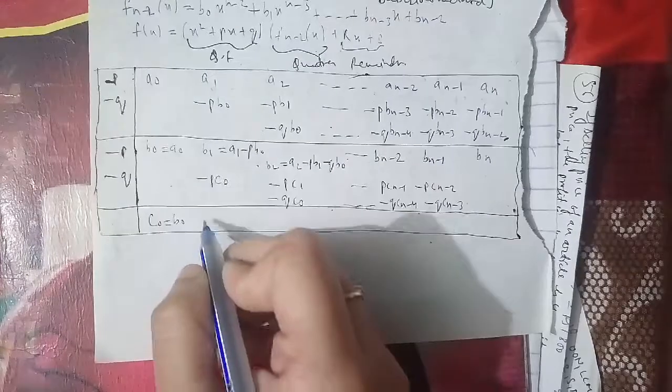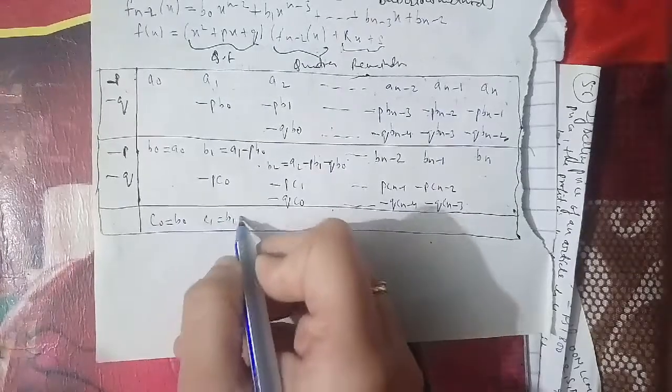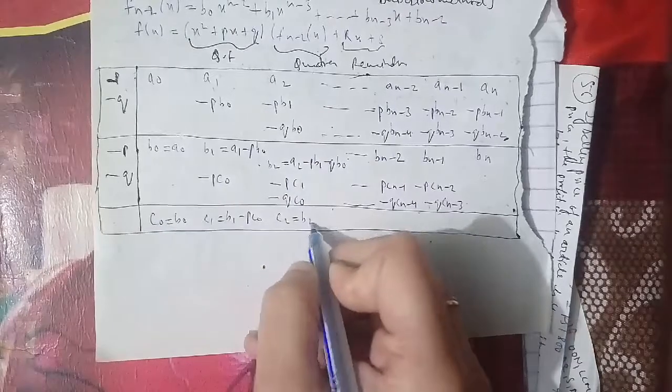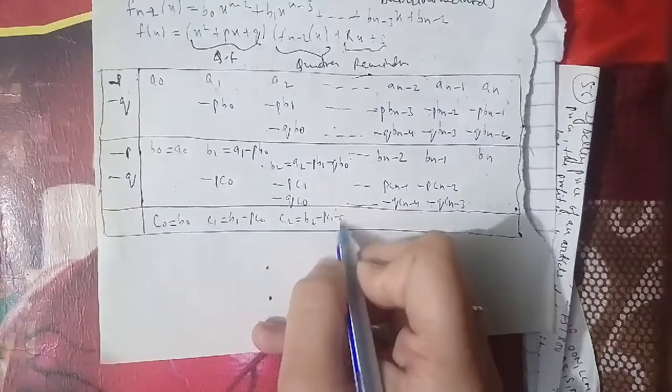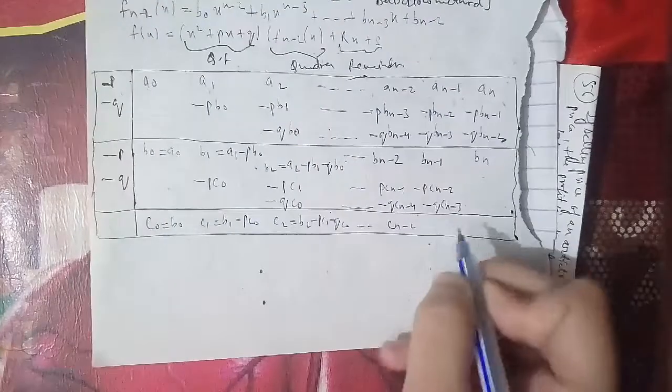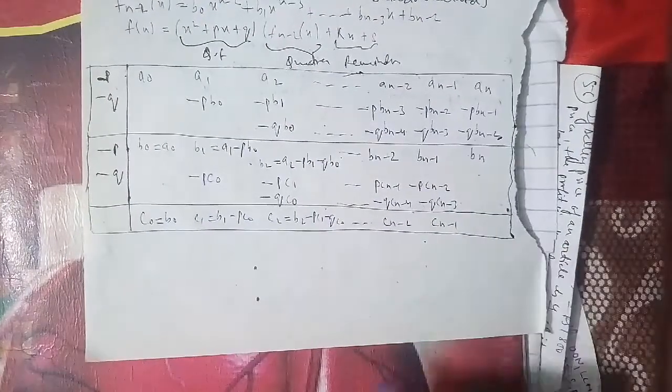This has been C0 equals B0, C1 equals B1 minus PC0, C2 is equal to B2 minus PC1 minus QC0, Cn minus 2 and Cn minus 1.